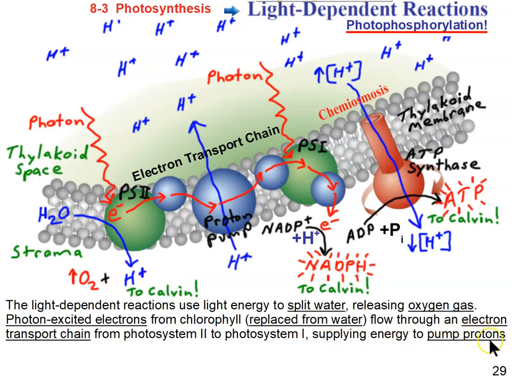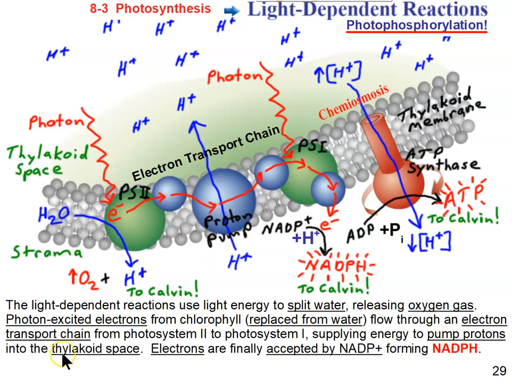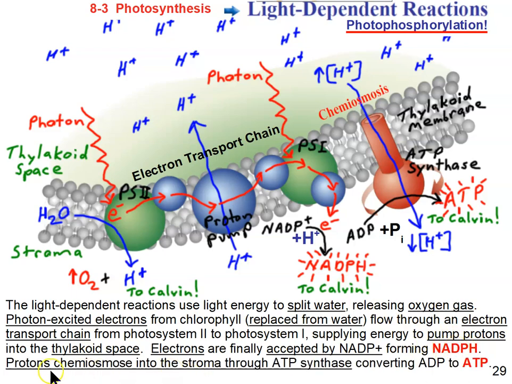And that supplies energy to pump protons into the thylakoid space, from the stroma into the thylakoid space. And electrons are finally accepted by NADP+, along with hydrogen, to form NADPH. And that's a major product here, NADPH.